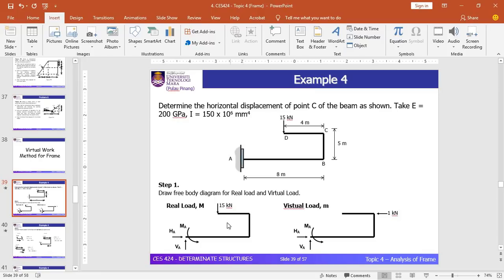For example, for the first cut section, which is 0 to 4, D to C, we will consider x from D. For the second member, x will be considered from C, and for the third member, we will consider x from B. In this example, we can skip calculating the reaction at A because our x are from D, C, and B, not from A. If you consider x from A, you need to get the reaction values prior to getting the equation of moment. So move to the next slide on the solution.